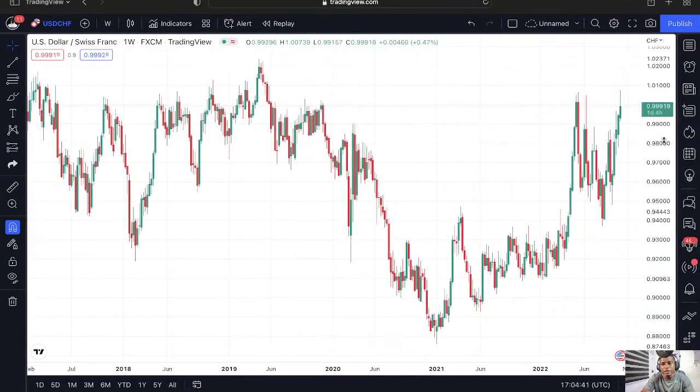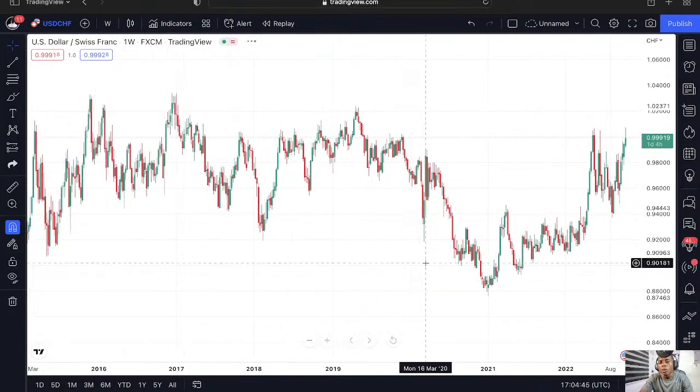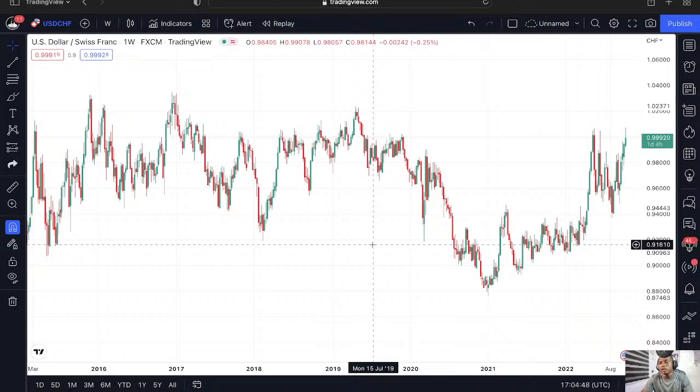Why do we need to look at the weekly time frame spread across several years? In order for us to understand the market structure and the significance of price levels, it is important to have a broader scope of what the market has been doing for years up to the moment.